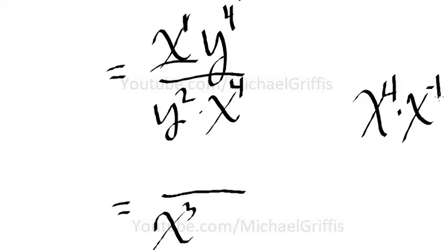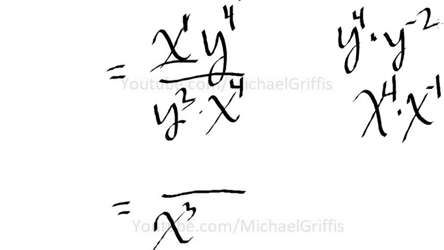All right, we have y squared, so we're going to take that to the numerator, and that becomes y to the fourth times y to the negative 2. Then 4 minus 2 is 2, so that becomes y squared in the numerator.